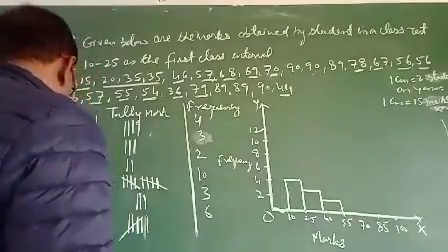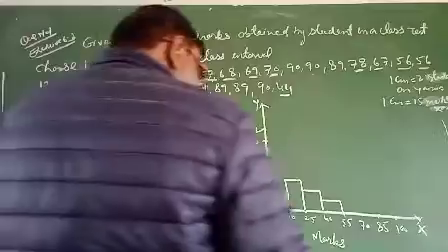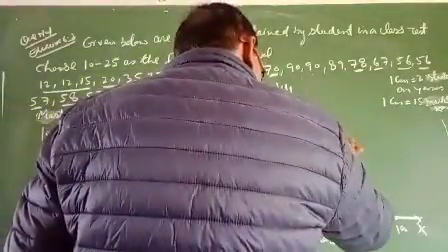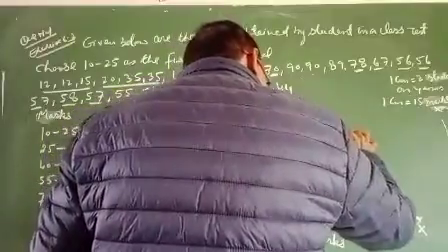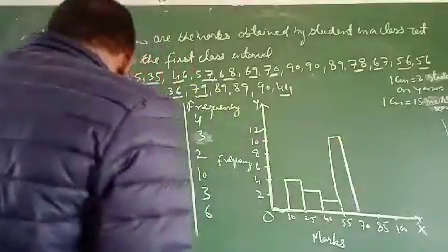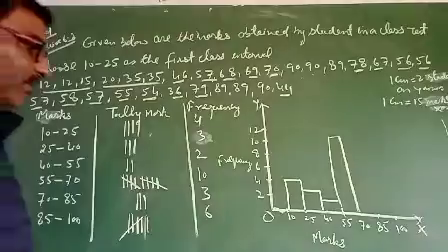Now marks 55 to 70 were obtained by 10 students, so this is in front of 10. Now 3 students obtained marks between 70 and 85.